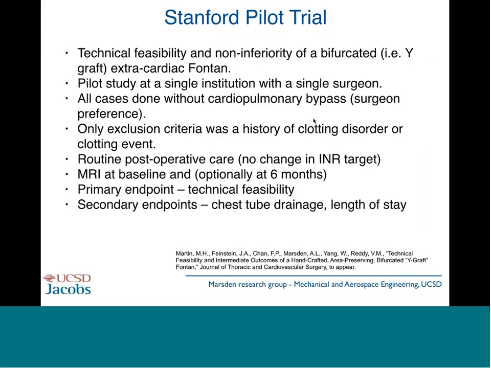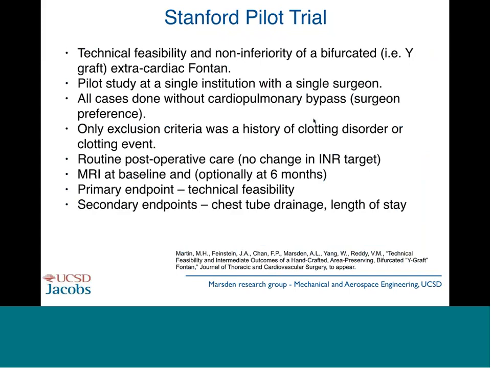Our Stanford pilot trial was intended to assess the technical feasibility and non-inferiority of the Y-graft extracardiac Fontan surgery. It was a single institution, single surgeon pilot study. All cases were done without cardiopulmonary bypass, which is the norm for that institution. We had one exclusion criterion, which was a history of clotting disorder or clotting event.